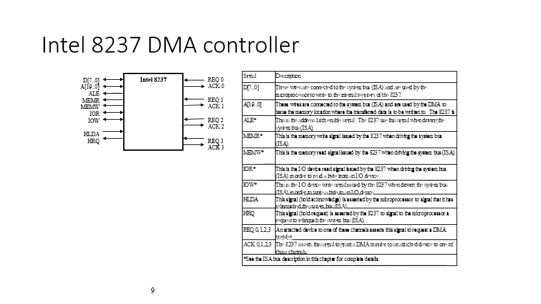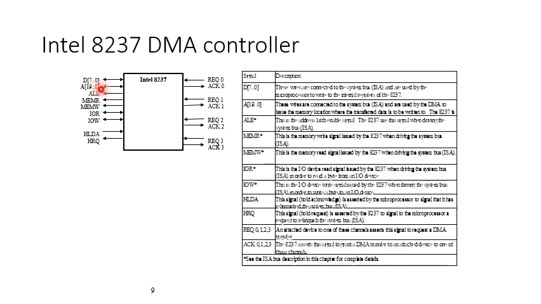So this is the typical Intel 8237 DMA controller. As you can see here, we have request 0 with acknowledgement 0, request 1 with acknowledgement 1, request 2 with acknowledgement 2, and request 3 with acknowledgement 3. So it can service 4 different peripherals. Then we have the data bus from 0 to 7, so it has an 8-bit data bus.